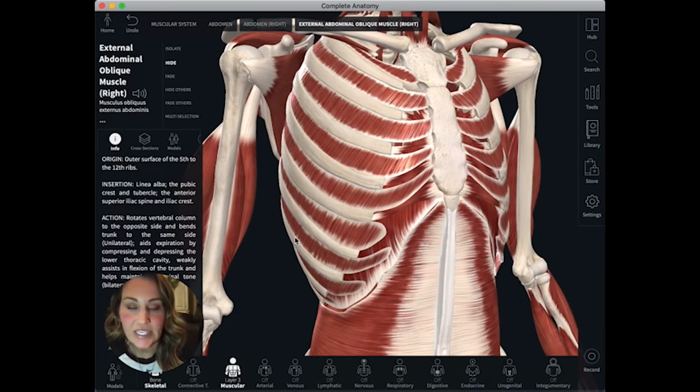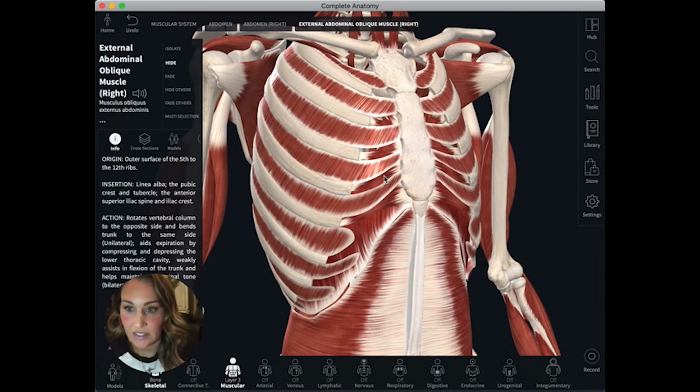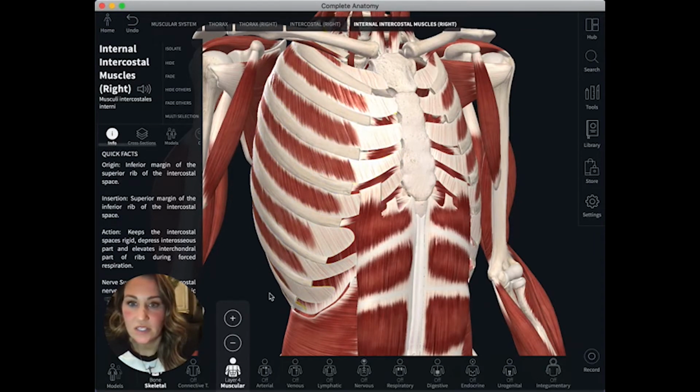Another hint of deciphering the internal from the external intercostals: the internal intercostals will go all the way to the margin of the sternum, where the external intercostals will end where the ribs end.